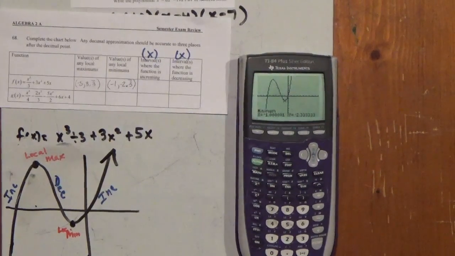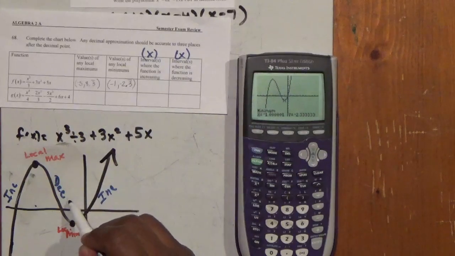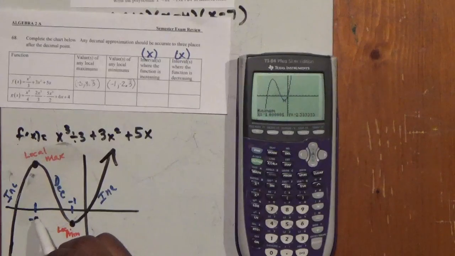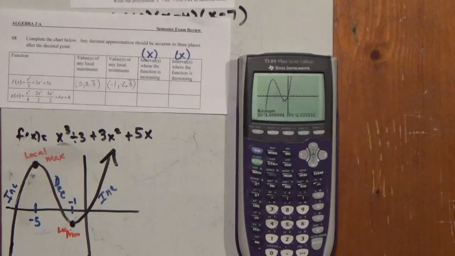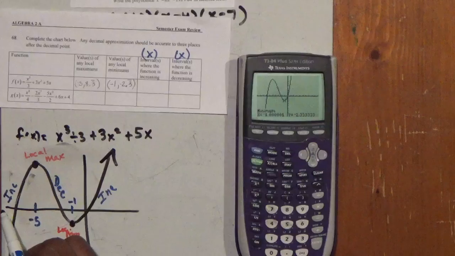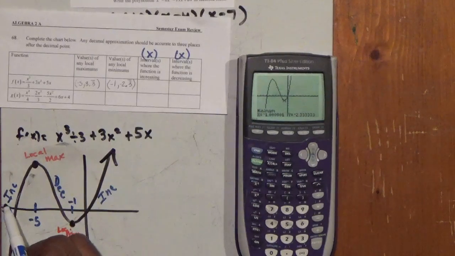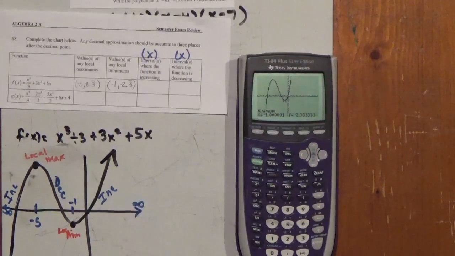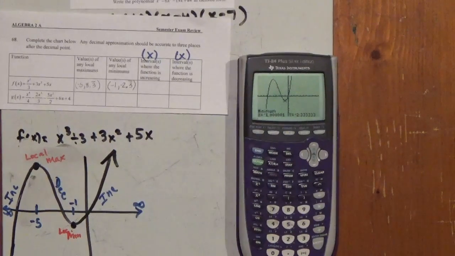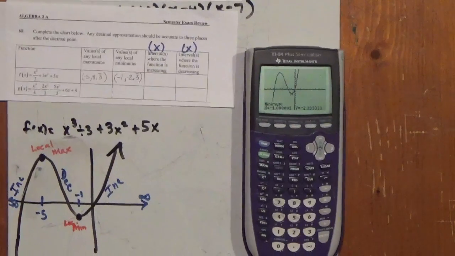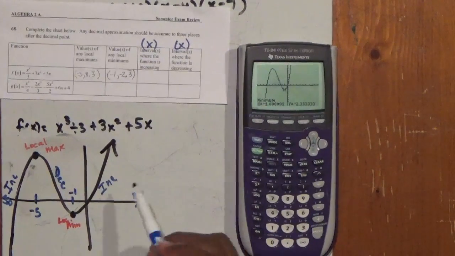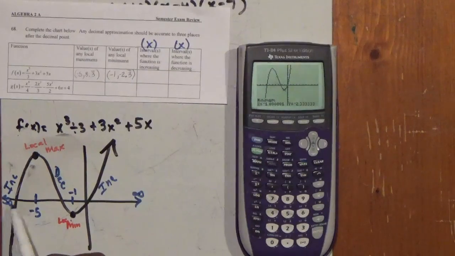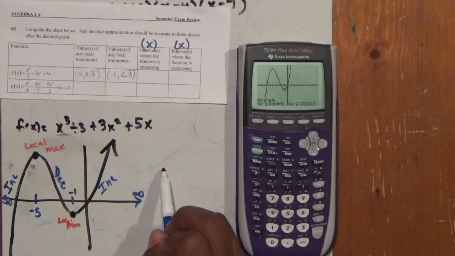What we're saying is that this value is -1 and this value is -5. If we treat this as negative infinity, going all the way to the left, and this as infinity, we have everything we need. So this graph is increasing from negative infinity to -5.